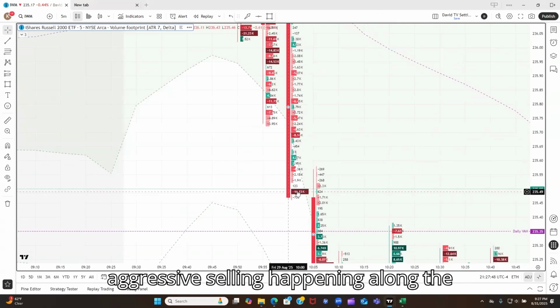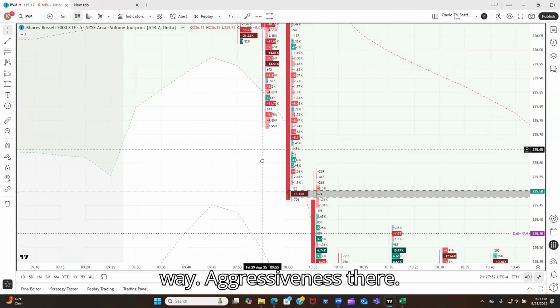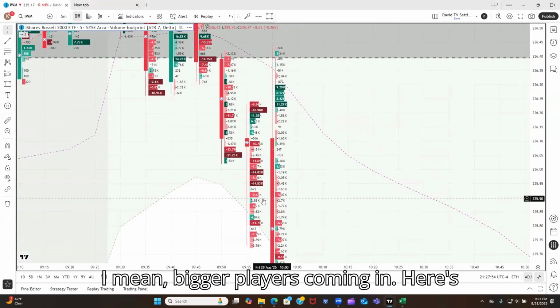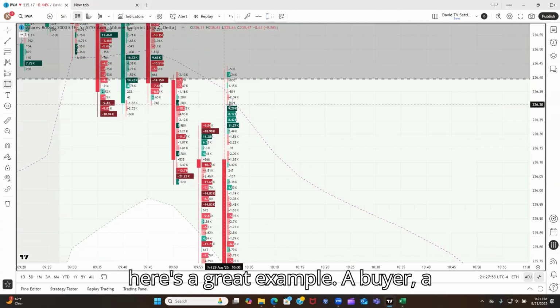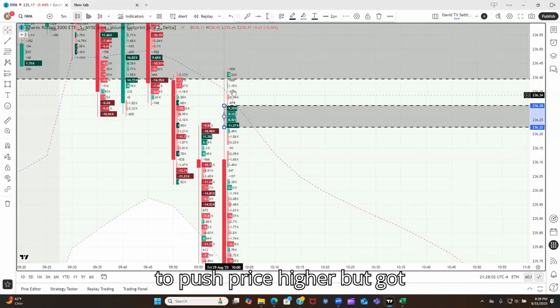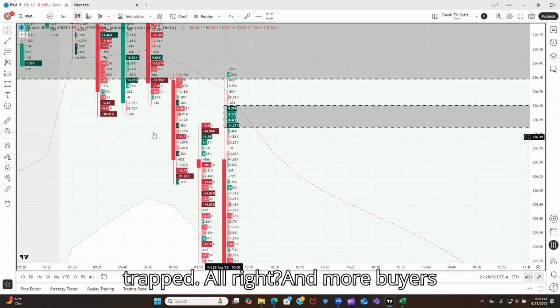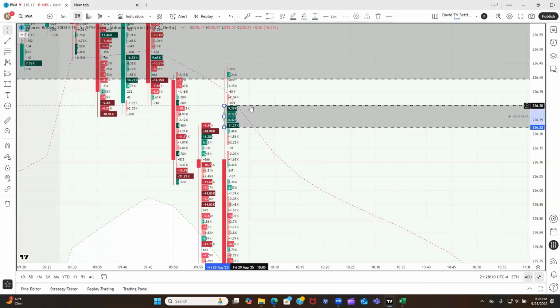You can see aggressive selling happening along the way, aggressiveness there. I mean, bigger players coming in. Here's a great example. A bigger buyer tried to push price higher, but got trapped. All right. There are more buyers trying to test it, but got trapped.